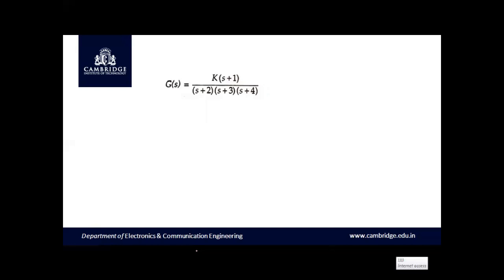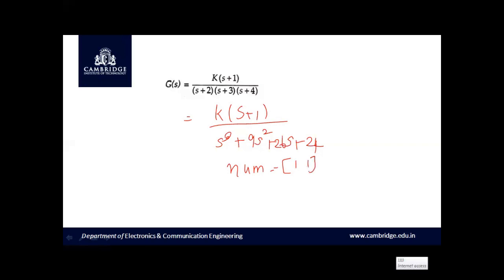The given open loop transfer function G(s) is equal to K into (s plus 1) divided by s plus 2 into s plus 3 into s plus 4. Simplifying further, it will be of the form K into (s plus 1) divided by s cube plus 9s square plus 26s plus 24. Therefore, let me take the numerator polynomial num equals to coefficient of s is 1 here, and we have a constant 1.